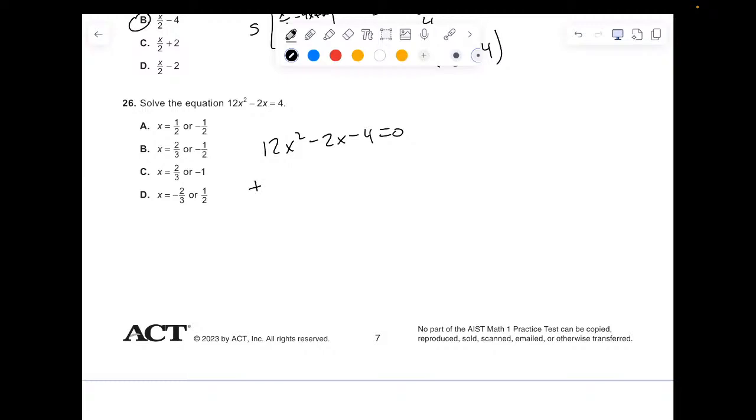Negative b plus or minus the square root of b squared minus 4ac over 24. And then 4 times 12, whoops, 4 times 12 times 4. It's going to be equal to 192.